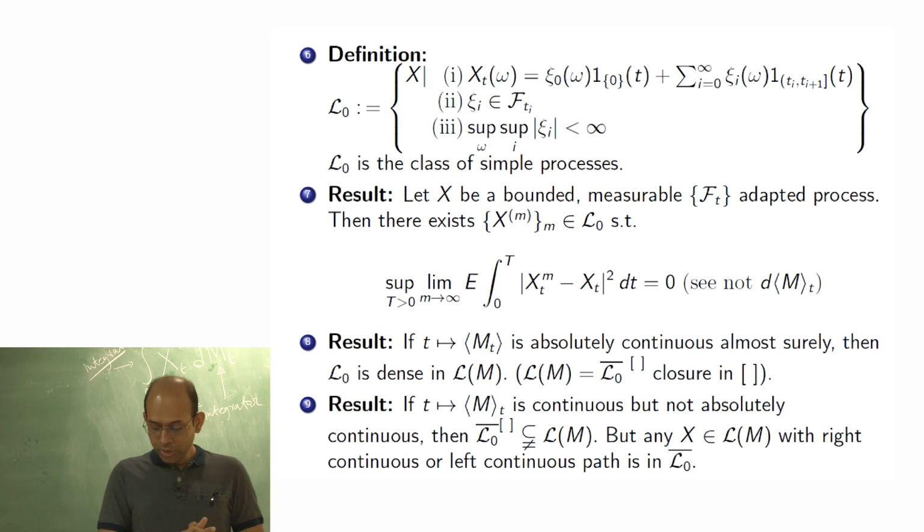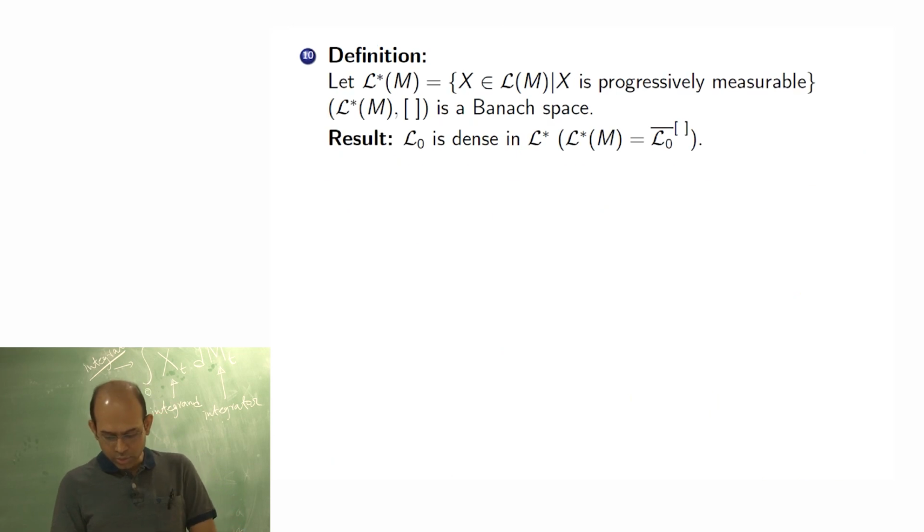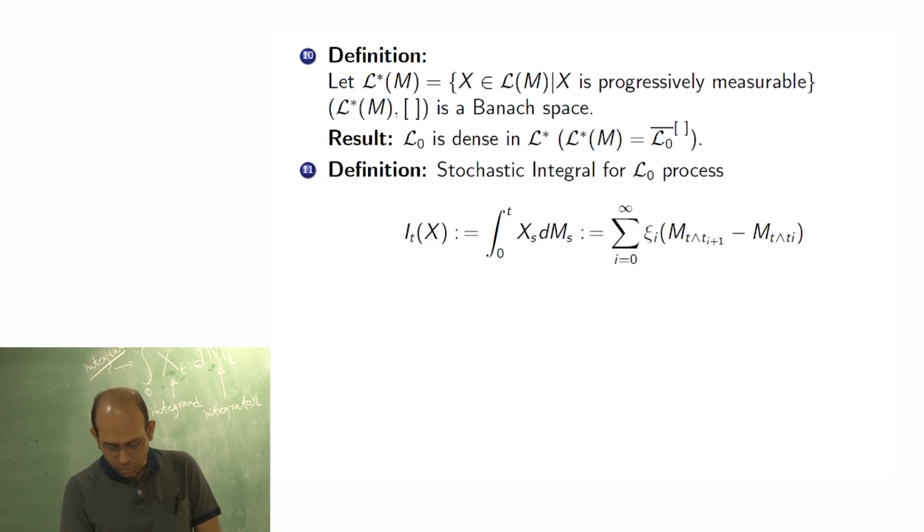So from that point of view, I should consider the integration of such a process with respect to mt as m ti plus 1 minus m ti times xi, summed over all i. So that is the only natural notion of integration. So we are accepting that notion and we are fixing it.